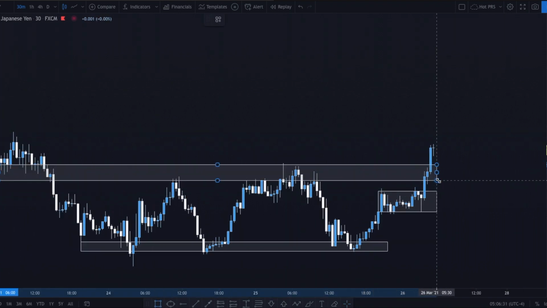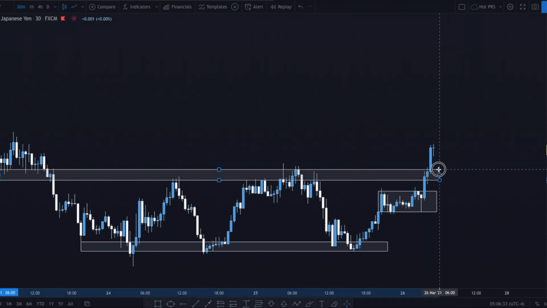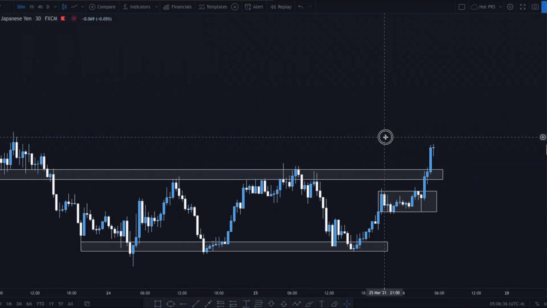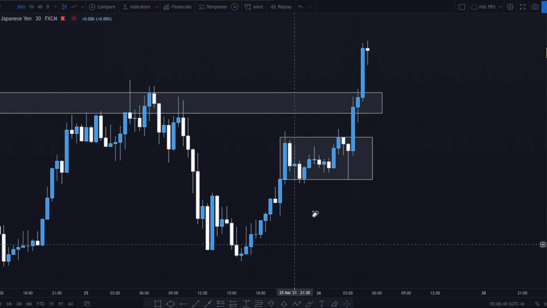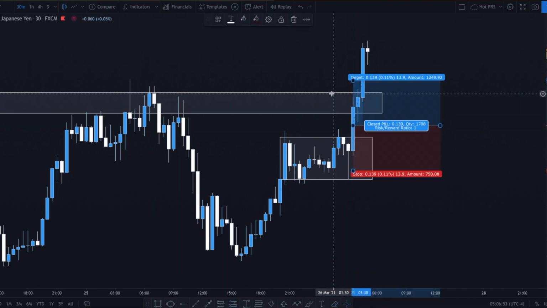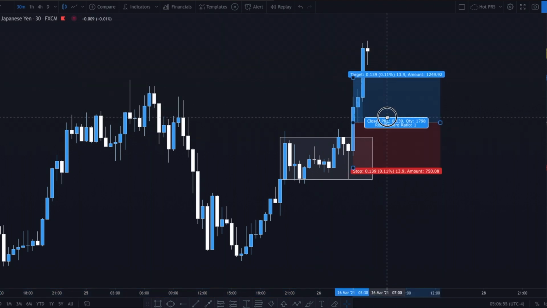So when I saw price break this zone, broke away from this zone, I said I wanted a retest so I could get a nice entry right here. So the trade would look something like this, right? The trade would look something like this.